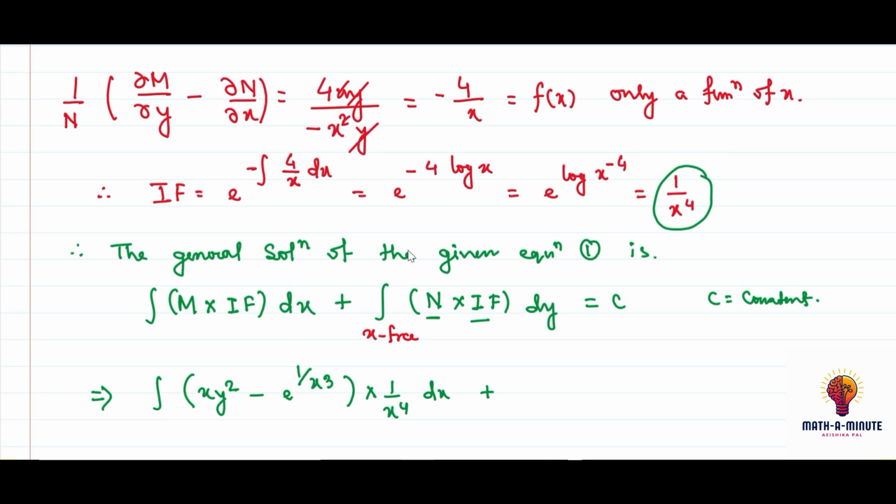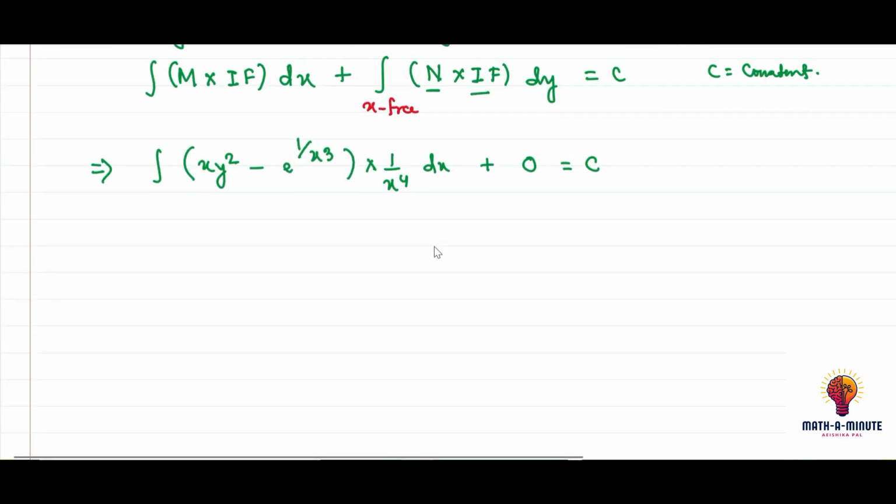So let me write here 0 equals C. Now you just have to solve this integration: integration y square by x to the power 4 dx minus 1 by x to the power 4 e to the power 1 by x cube dx equals C.